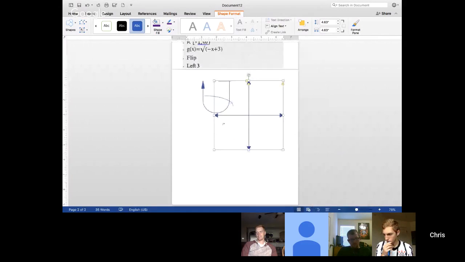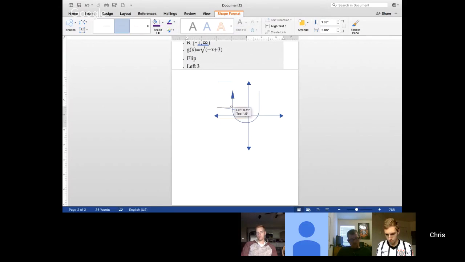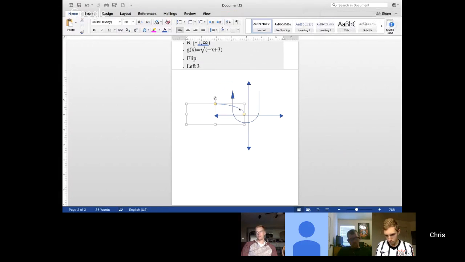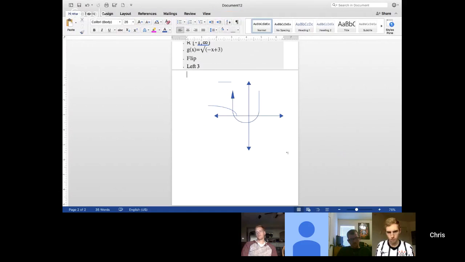Okay. New page. Put that right there where it was. And that should be, okay, that's about what it is, except it should be over there. Right there. Does that look about right?